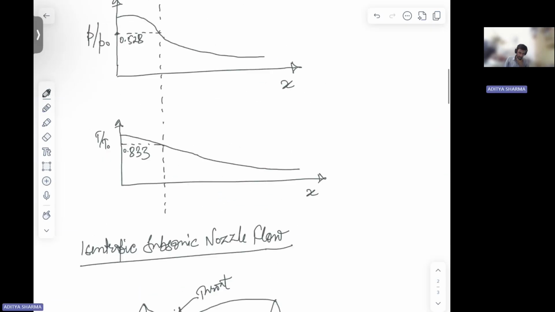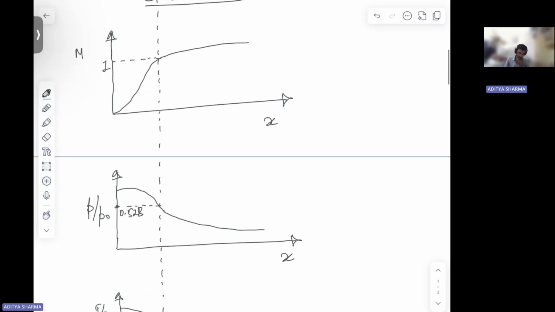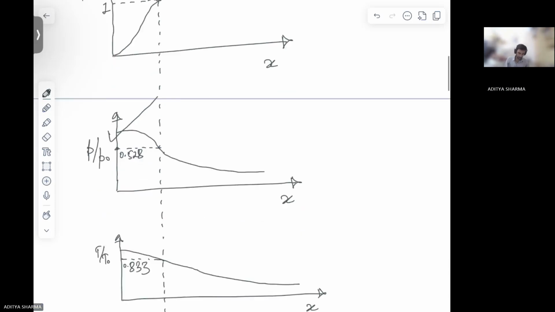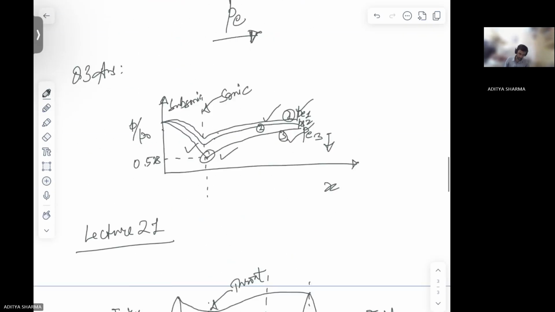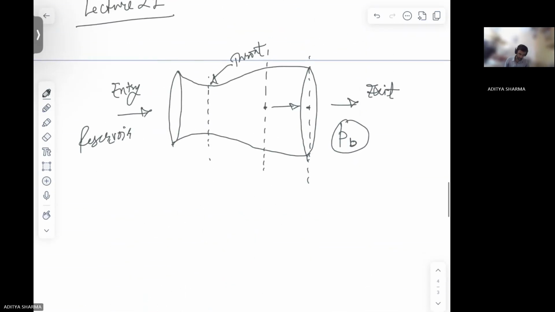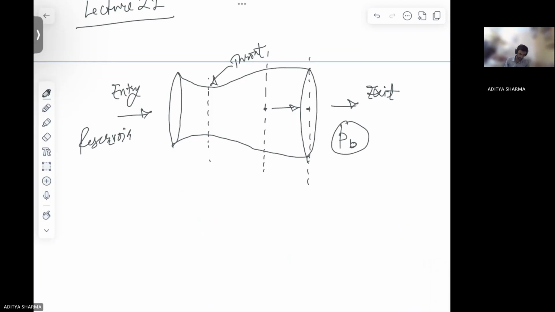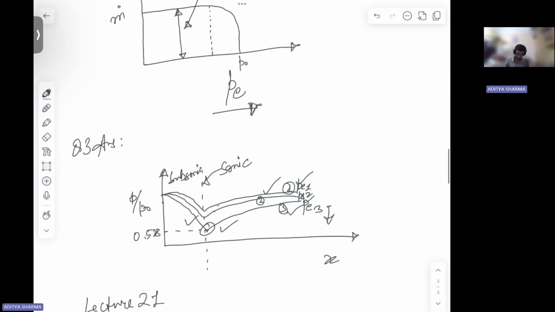So in your isentropic flow, your pressure behaves like this. In your subsonic flow, your pressure behaves like this, 1 and 2.